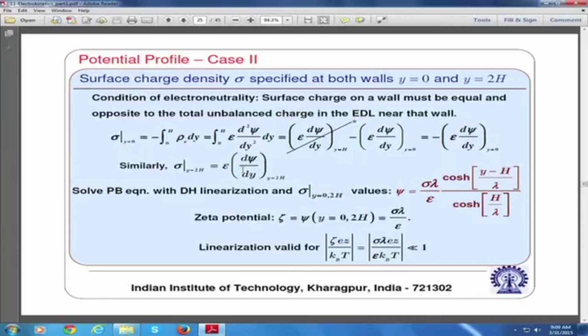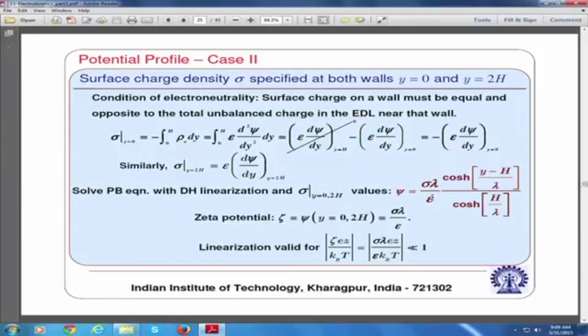Now if you know sigma at y equal to 0 is equal to minus epsilon d psi dy at y equal to 0, then from the previous expression you can find out sigma, and then you can replace basically the zeta with sigma lambda by epsilon. This comes out of the algebra, it is not that it is done ad hoc.